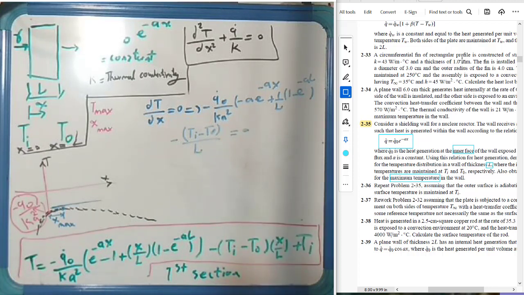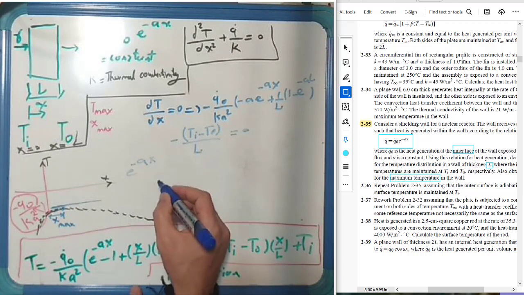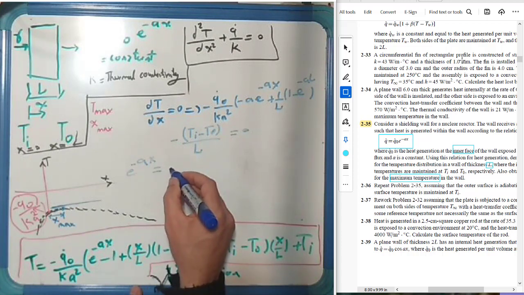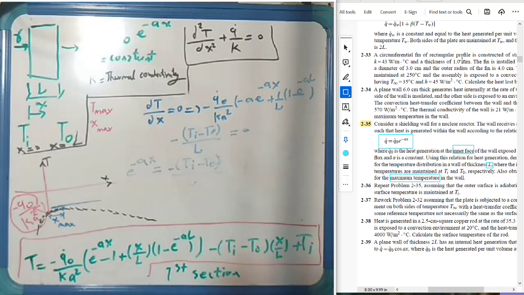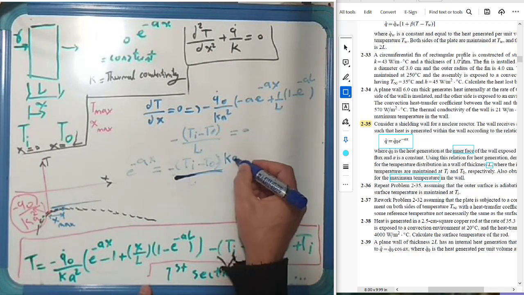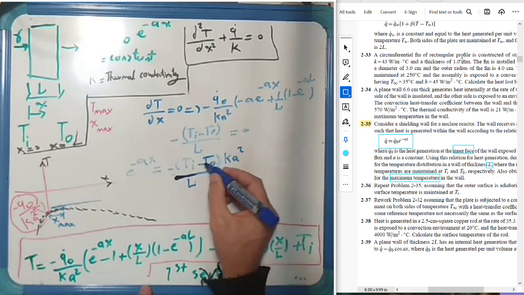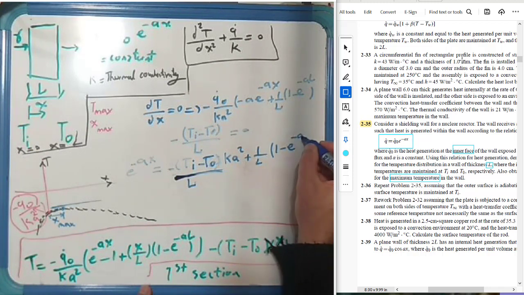Okay, if I want to find that, e to the minus ax equals, sorry for this problem with the marker, Ka square over Q dot O, and L, Ti minus To, over L, plus 1 over L, 1 minus e to the minus aL.